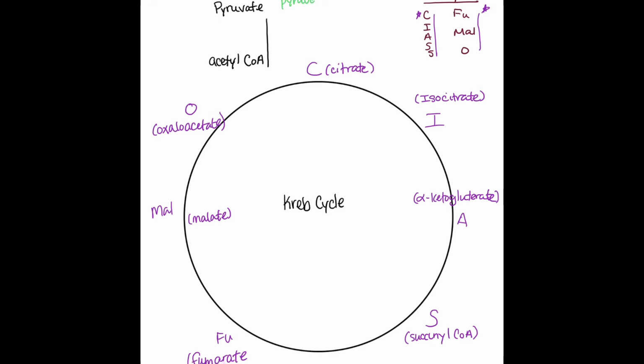We have in green the dehydrogenase. So the first one between pyruvate and acetyl-CoA, we have pyruvate dehydrogenase complex. Between isocitrate and alpha ketoglutarate, we have isocitrate dehydrogenase.